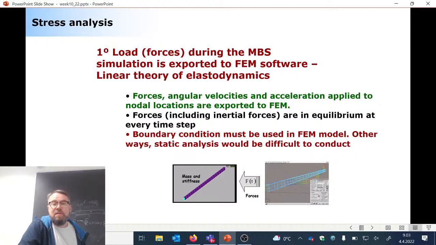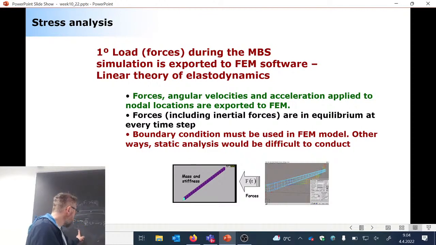So you have your multibody model, the one that is shown here on the right-hand side. You take all the forces, including inertia, reaction, and external applied forces, and you build the load cases, and then you compute an awful lot of static analyses, because every time step you have to solve a static analysis. That's quite a bit of work to do.